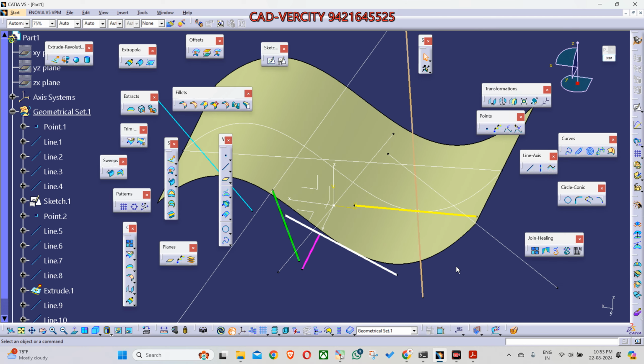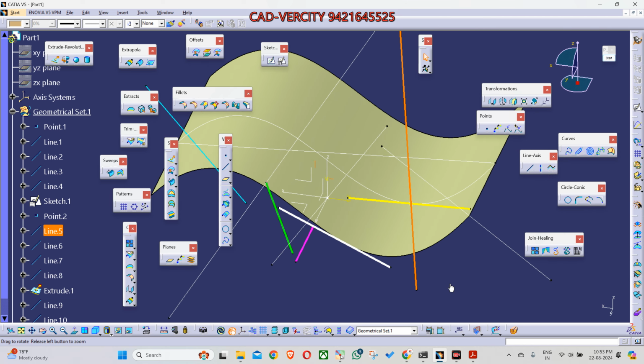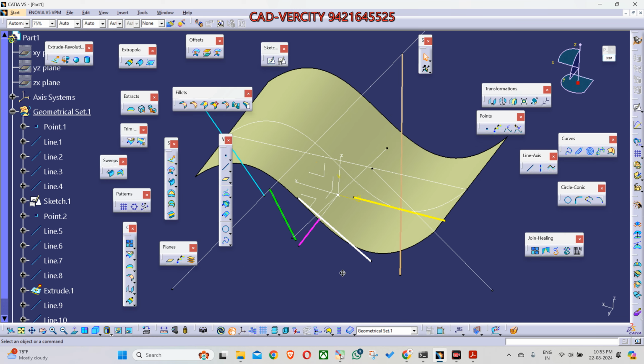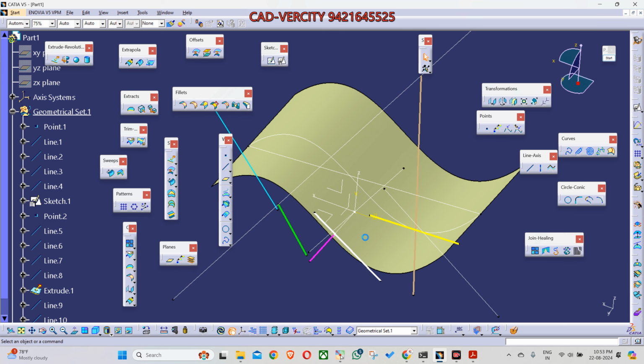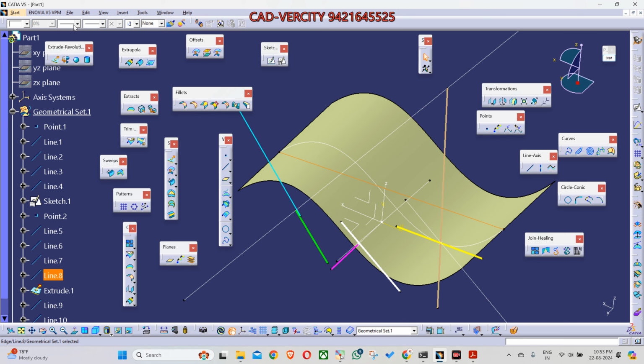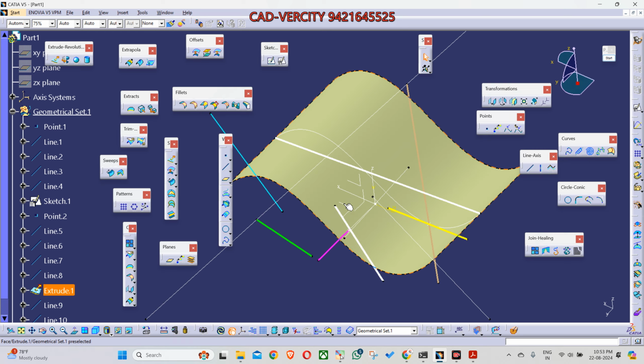Okay. For the brown one, normal to curve. Okay. And for yellow, tangent to curve. And this line, point to point. Awesome. Simple.